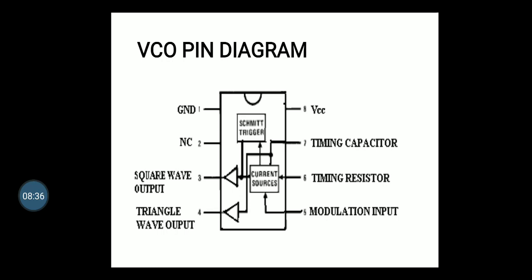Thus, if the voltage at pin 5 is increased, then the voltage at pin 6 also increases, resulting in less voltage across RT and thereby decreasing the charging current. The voltage across the capacitor CT is applied to the inverting input terminal of the Schmitt trigger A2 via buffer amplifier.